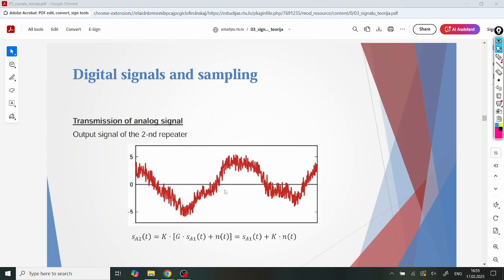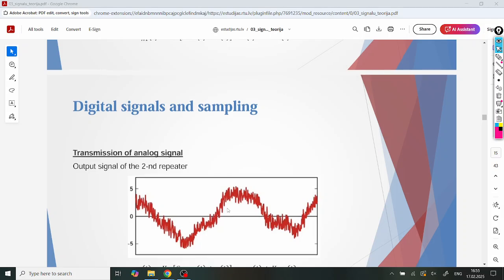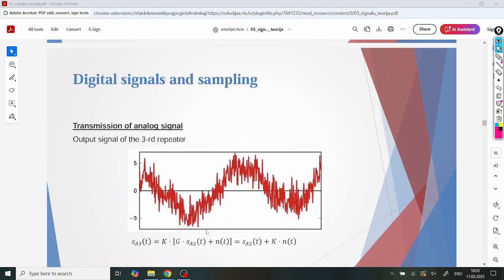If you look closely, you will probably notice that there is a little bit more noise than it was, and it is in fact so. After the third repeater, noise continues to accumulate, and it's not difficult to see that the more repeaters you have, the more noise each of them is going to introduce, and at a certain point your signal will become too noisy to work with, and even this approach doesn't seem to work.